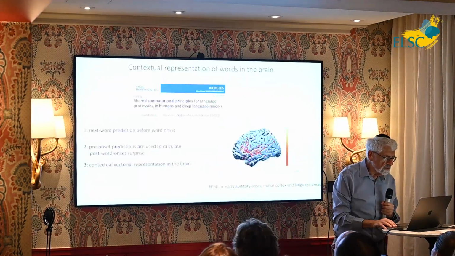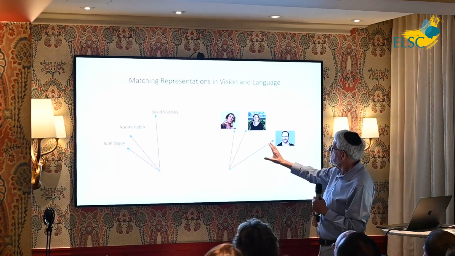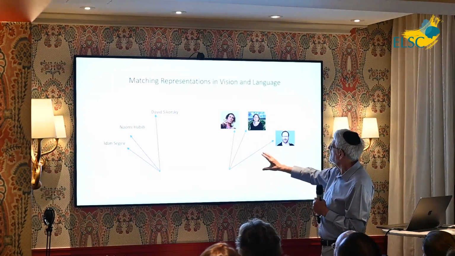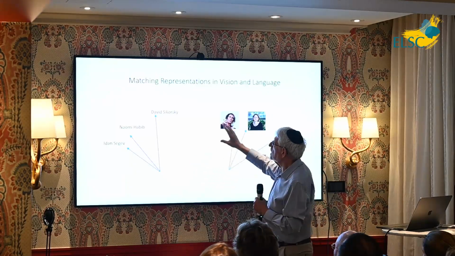And what we found, amazingly, is that the two embeddings, as we call them, in the vision system and in the word system are very strongly aligned.